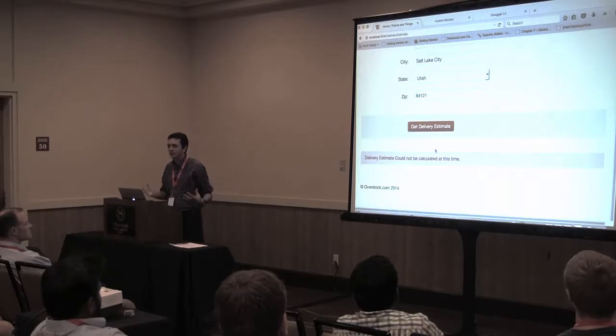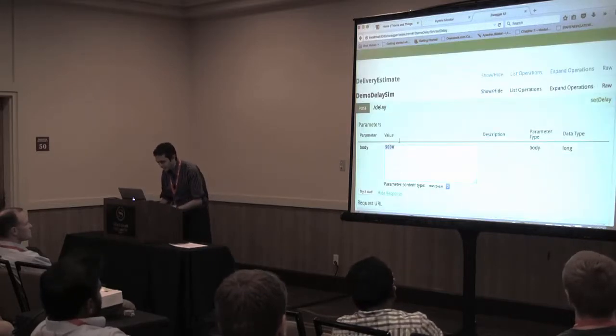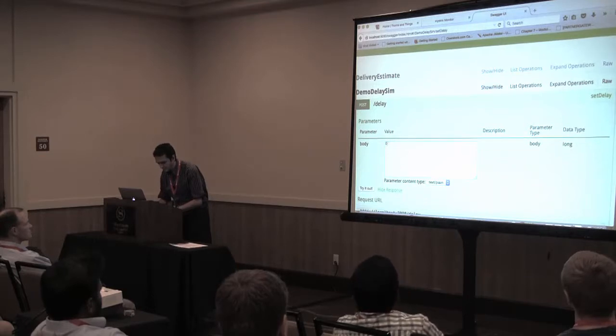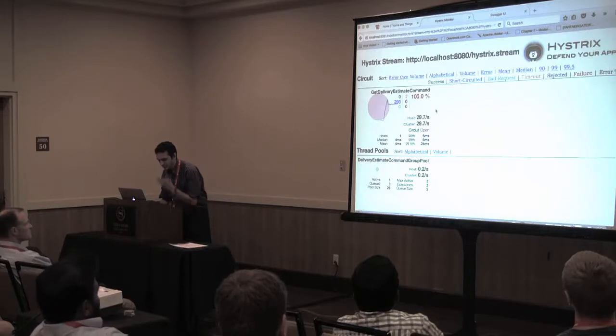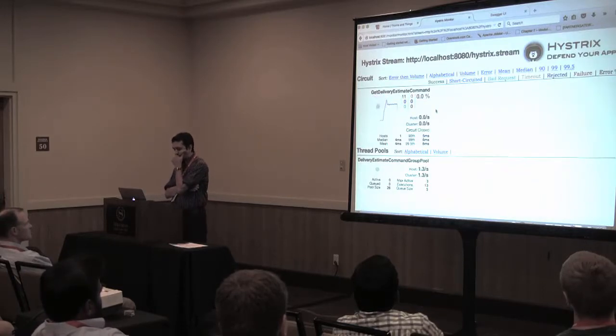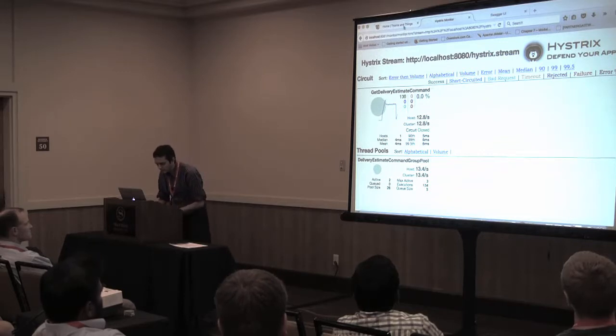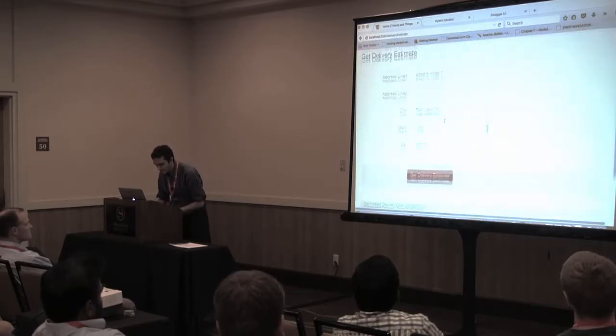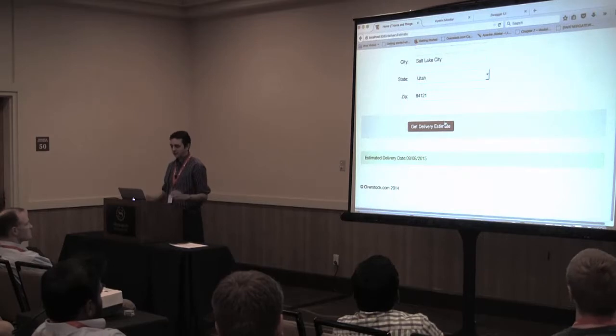It's not blocking anymore, right? Then I go back to Swagger and set my time back to 0, say try it out, and you will see if you come back to your Hystrix monitor, things start becoming better again. All good, huh? And if you go back to Constantine's and say get delivery estimate, we're back.